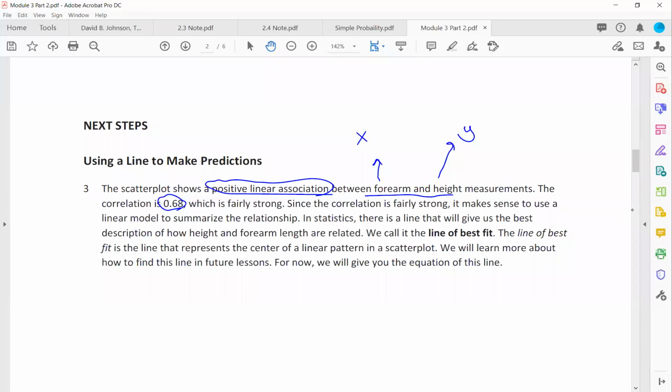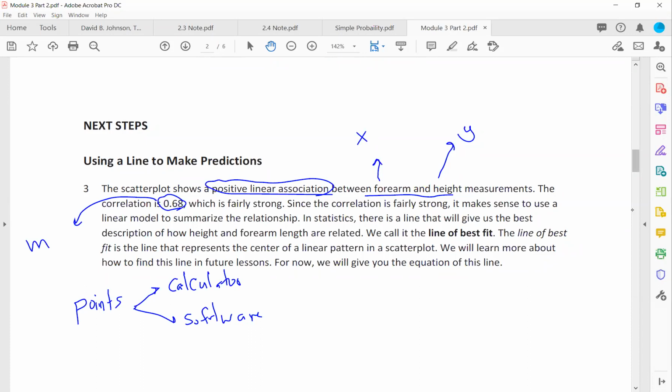If you have all the points, we can use a calculator or software to give us the m, or slope of the line, which is fairly strong.